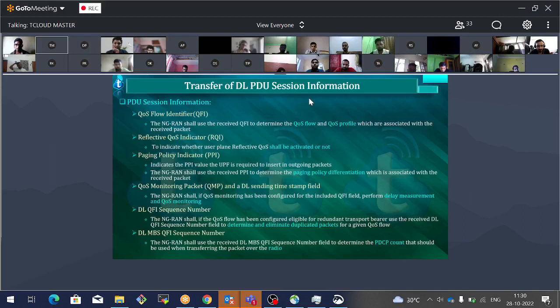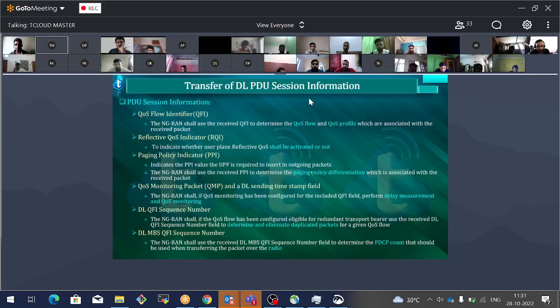Out of the two received, only one would be sent to the mobile, throwing the duplicate into the dustbin. But why are you sending the duplicate? It's a reliability improvement mechanism. When you are not using that feature, this sequence number field would be set to 0. Sequence number won't be there. Similarly, we have the same mechanism applicable for MBS operations, multimedia broadcasting, which we'll ignore. We are not studying those concepts.